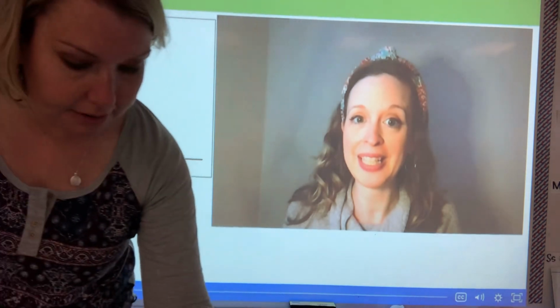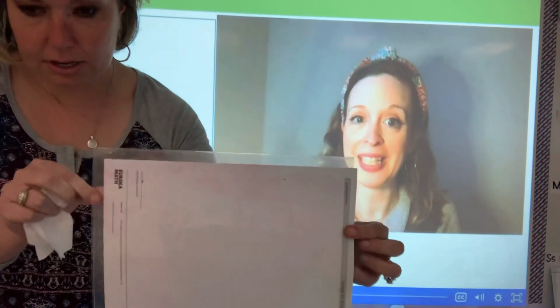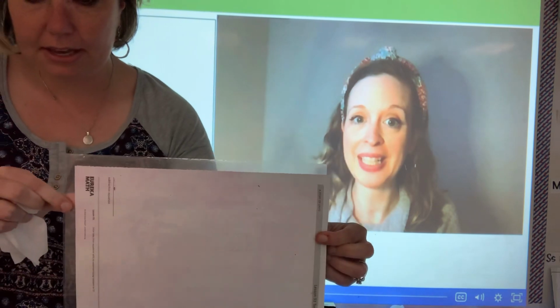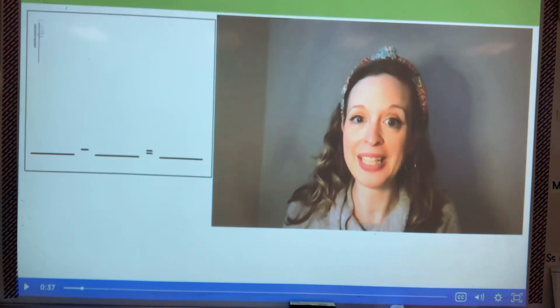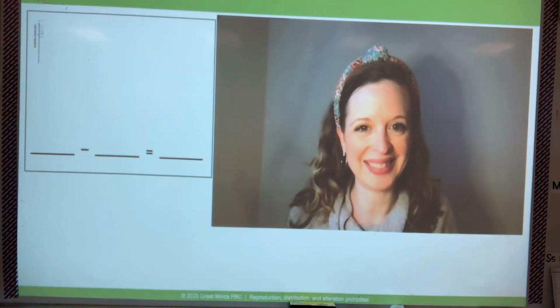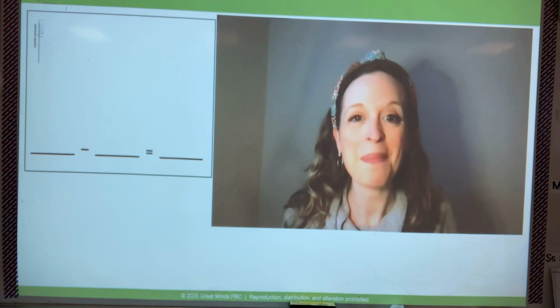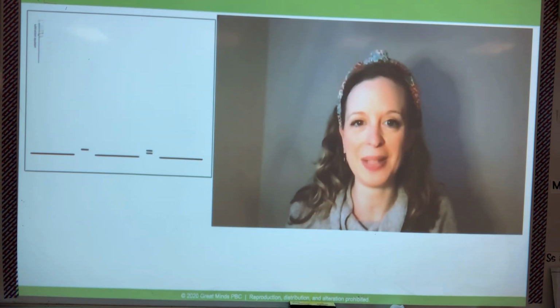Okay, it's okay if you don't have that. I have mine right here, but if you don't have it, that's okay. You can always draw it out inside of your whiteboard if you haven't already. Pause the video to gather your materials and press play once you have them.